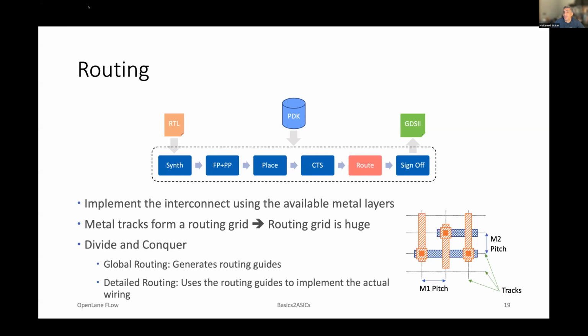The tool, the router, that does this consumes lots of processing power to achieve a successful implementation of all the wires that connect different design components. And because it's a complex process, it's done in 2 steps, global routing followed by detailed routing.